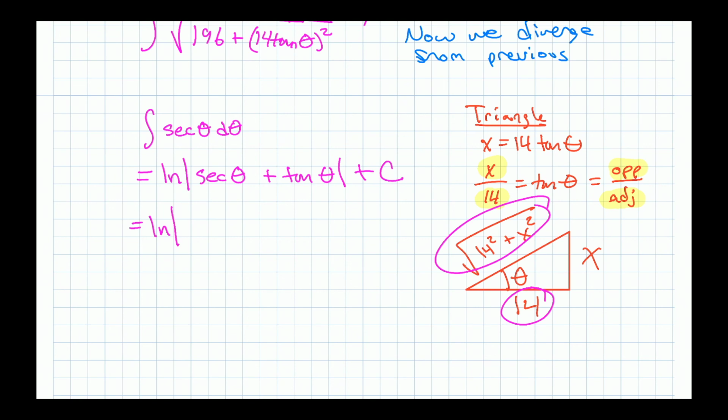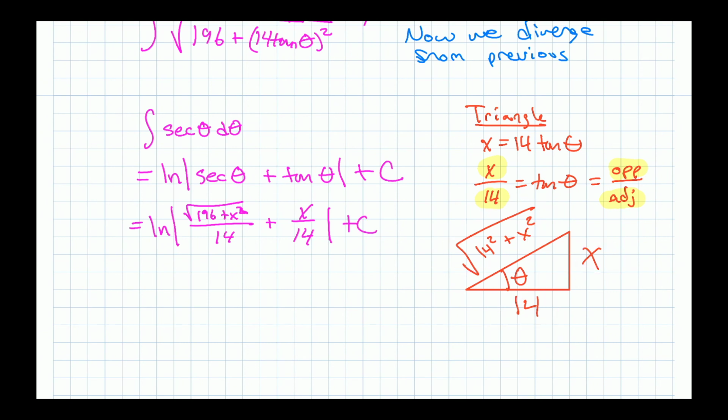So we have square root of 196 plus x squared over 14, plus a tangent. A tangent is going to be opposite over adjacent, which is this one and this one. So x over 14 plus c. And that's it. That's your answer.